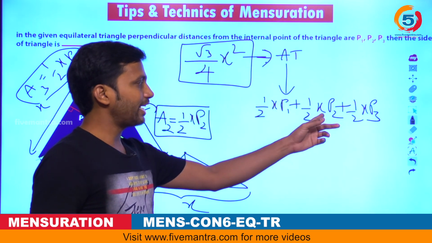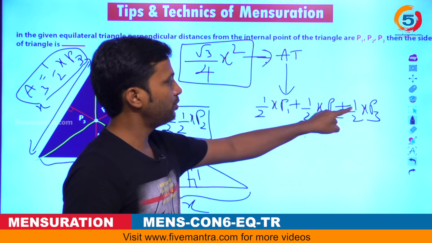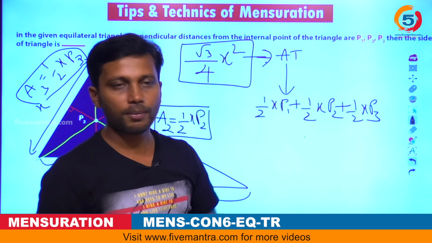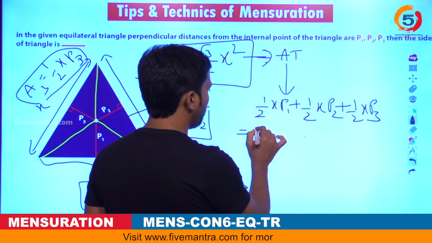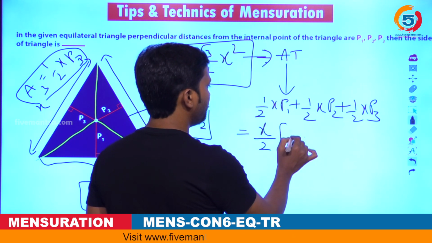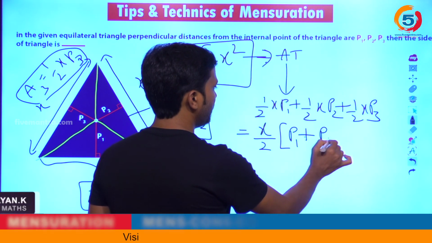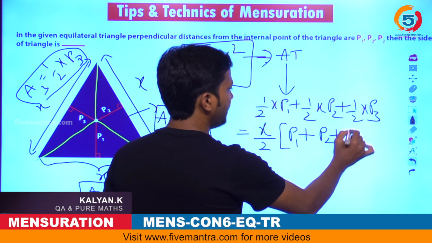Now we can take x by 2 common from all of them. Taking x by 2 common, x by 2 times, what is left? P1 is left inside, the next term P2 is left, and in the next term P3 is left.